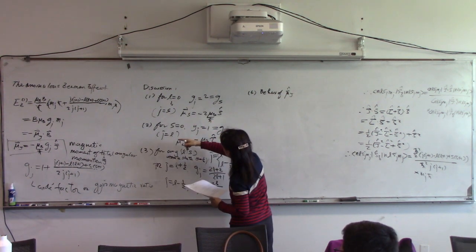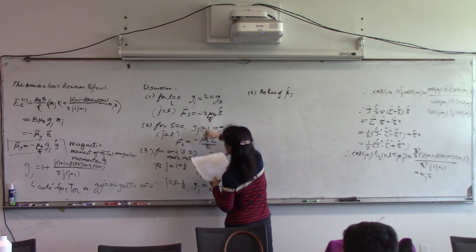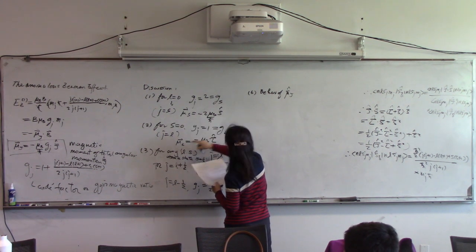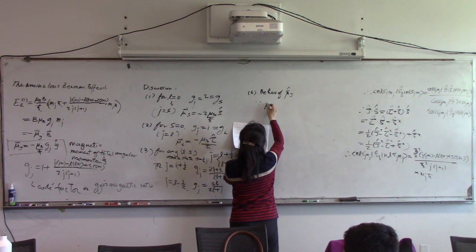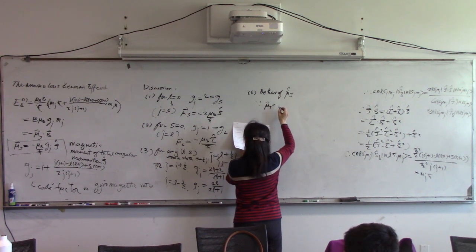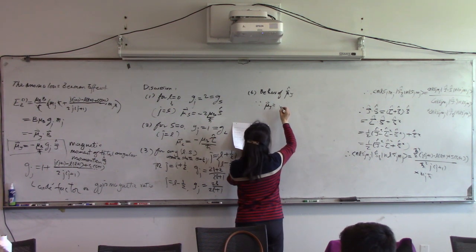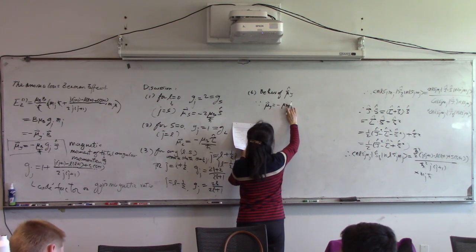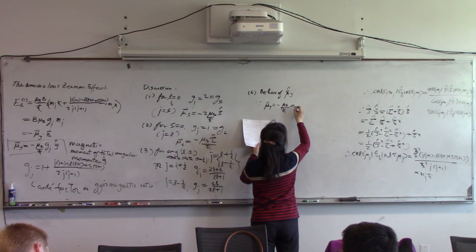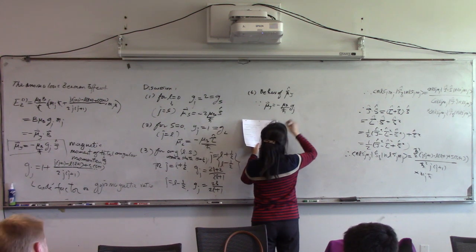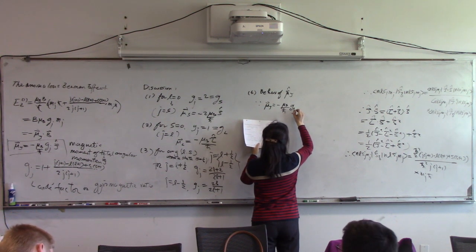I think I already wrote down some here, right? mu_S, mu_L, because the mu_J which we introduced is minus mu_B over h bar, g_J, now let's use capital J now.